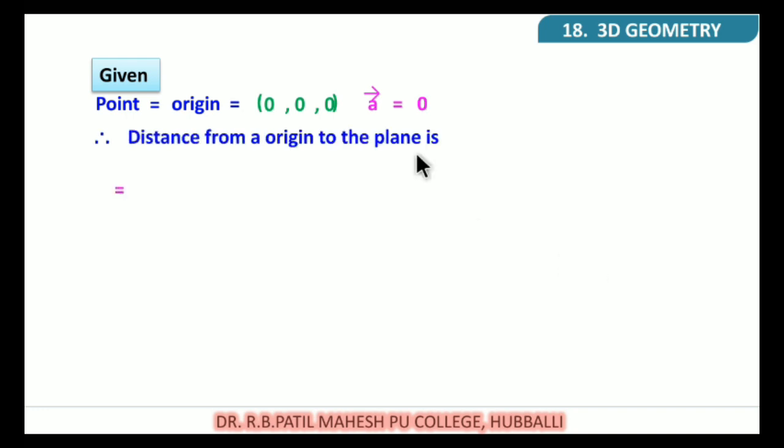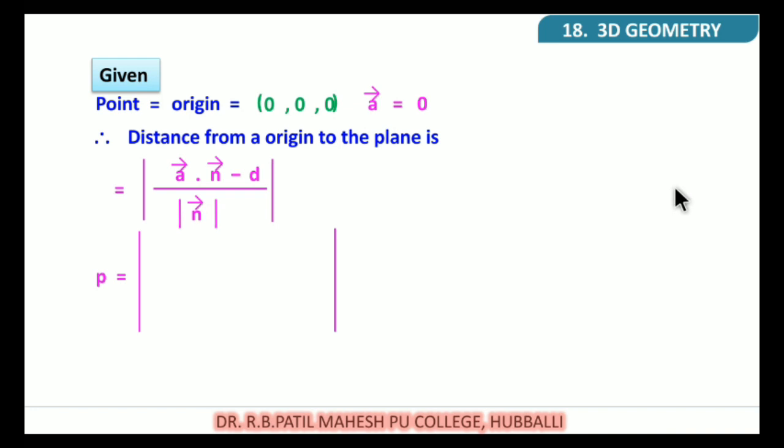The given point is the origin, which has coordinates 0, 0, 0, and vector a is 0, because the origin is 0, so the vector is also a zero vector. The distance from the origin to the plane is given by the whole modulus of a dot n vector minus d, divided by the magnitude of n vector.